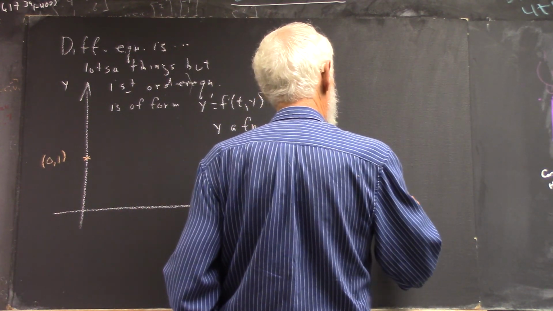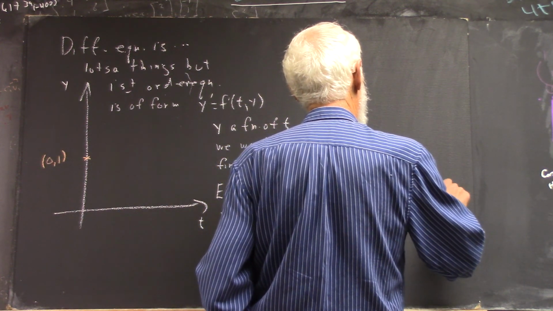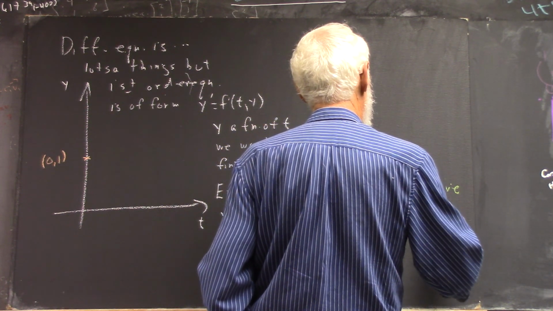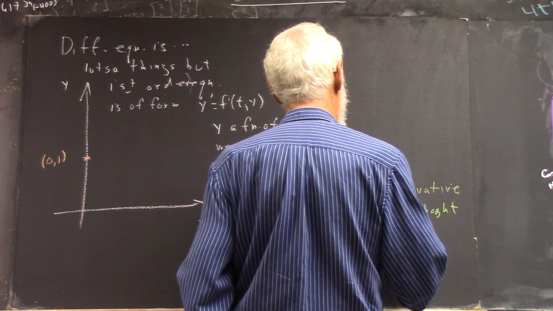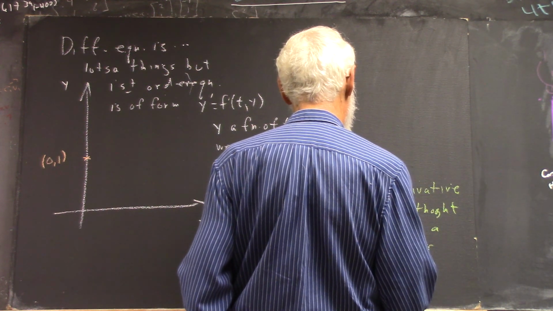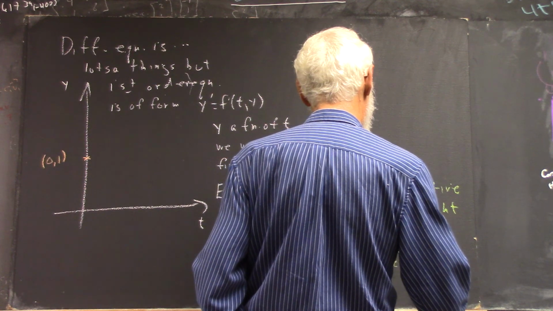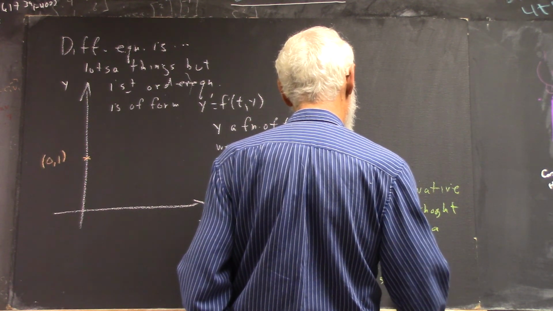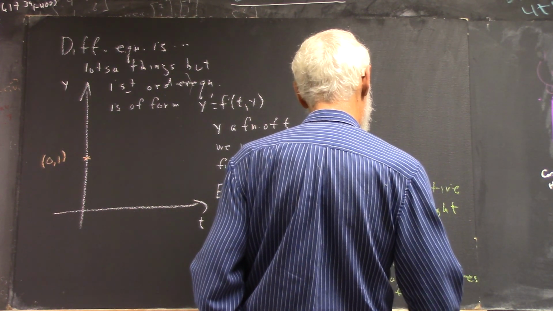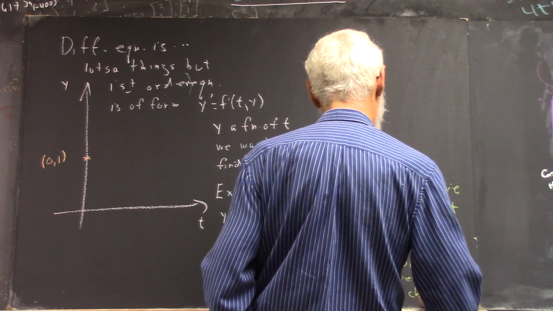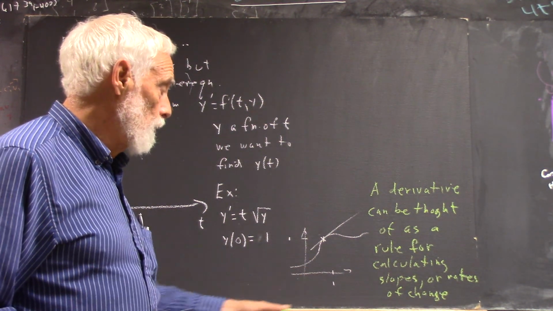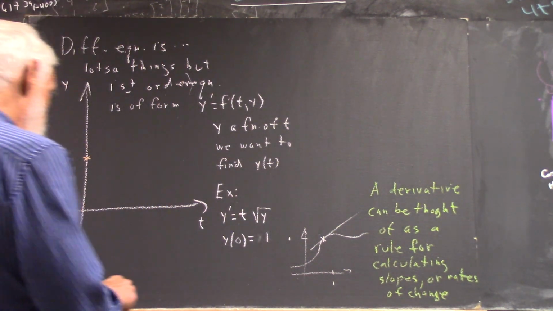A derivative can be thought of as a rule for calculating slopes or rates of change. So now we're back over to the graph.